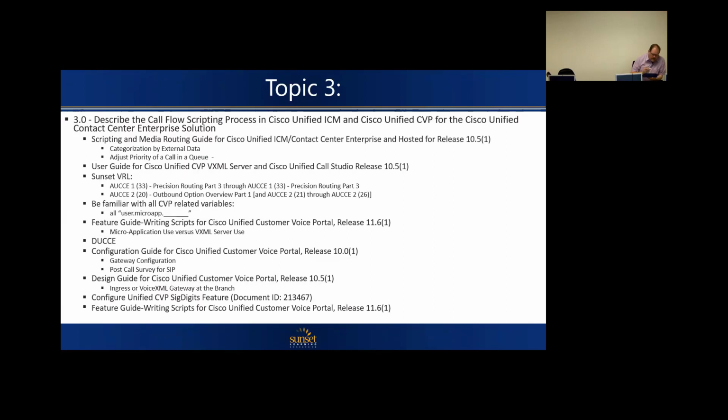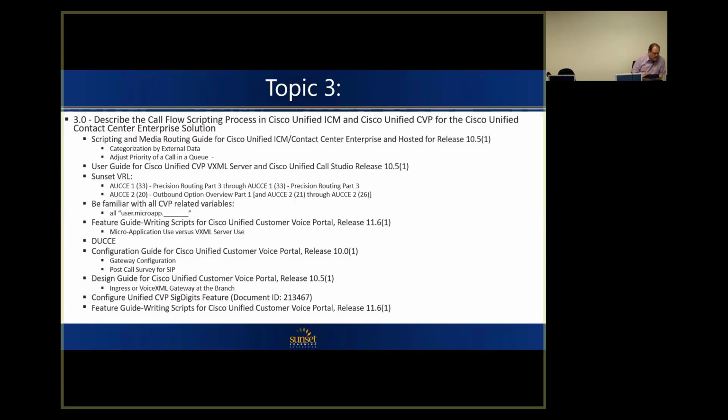This is where we have a couple of good sections. One is a document, again, the scripting and media routing guide for CCE. There are a couple of sections: categorization by external data, and then the other one would be adjusting the priority of a call in queue.